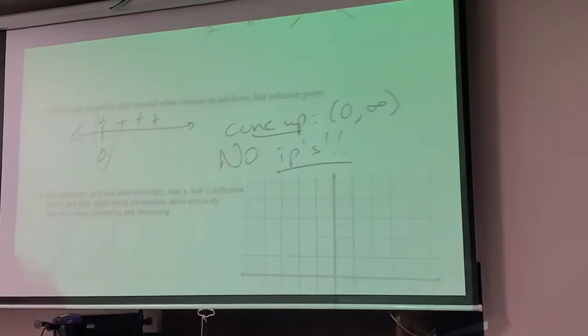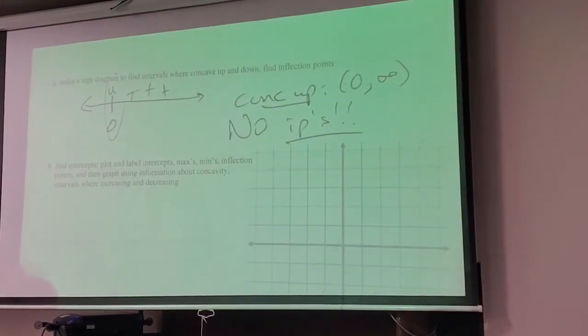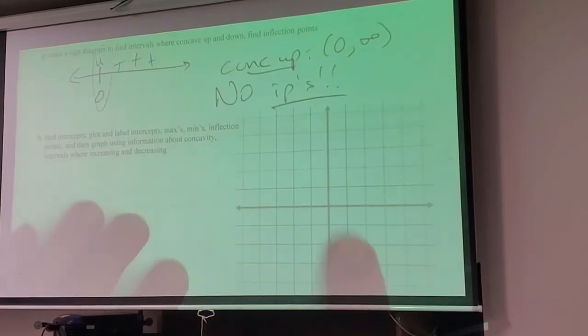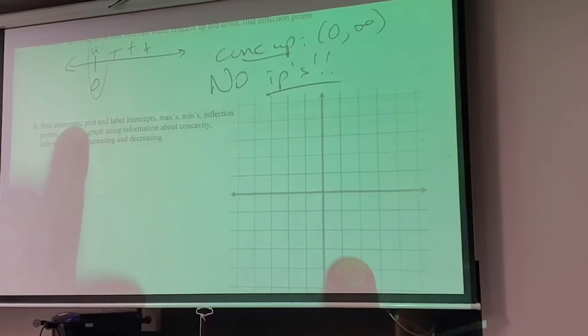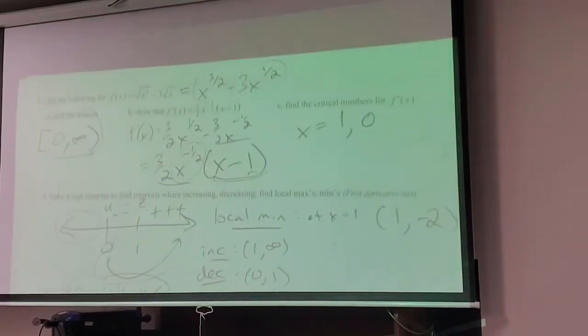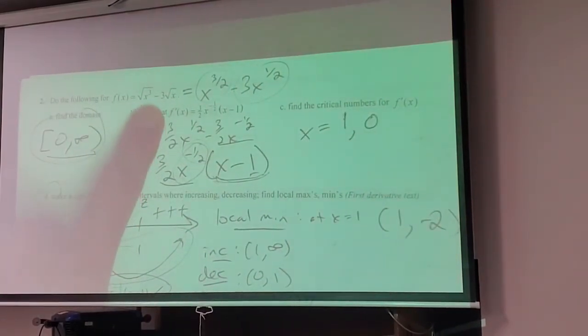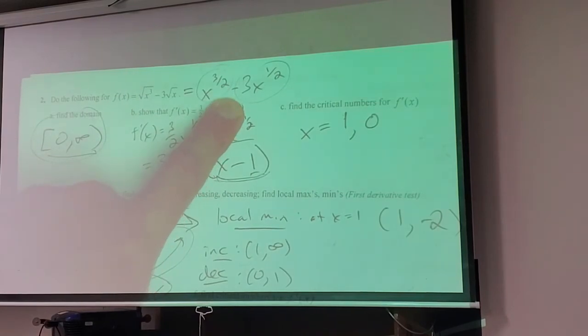Now, here's the big deal. Find intercepts. Okay, so let's find some intercepts. Can anybody tell me any intercepts here? When x is 0, what do you get? 0, right?